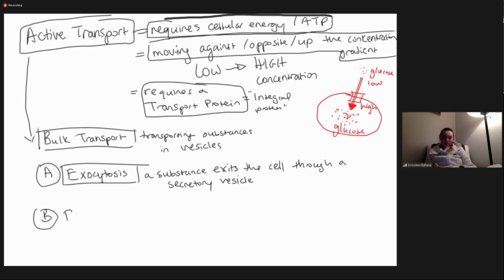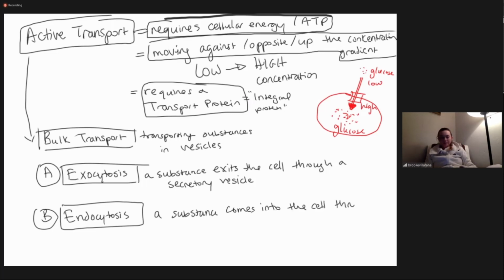B is endocytosis. Endocytosis is the opposite of exocytosis. So a substance comes into the cell through a vesicle, basically from pinching the plasma membrane.